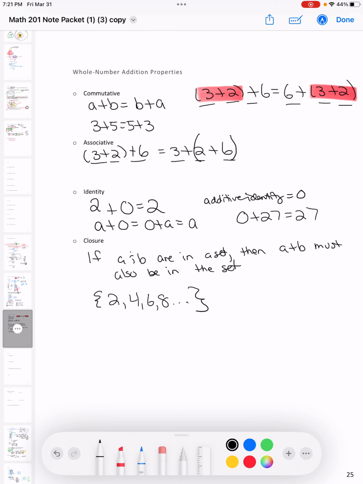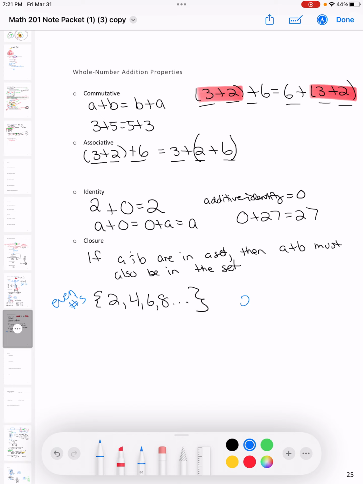This set 2, 4, 6, 8. It's got a dot, dot, dot on the end. So we've seen that before. That means it goes on and on forever. That ellipsis means that it goes on forever. So this is just all the even numbers.